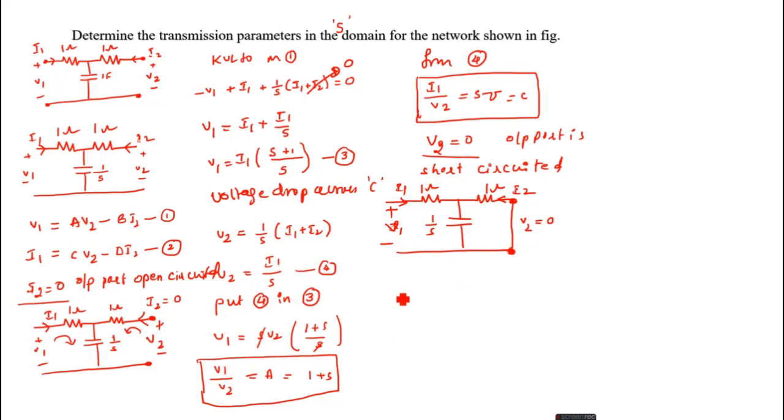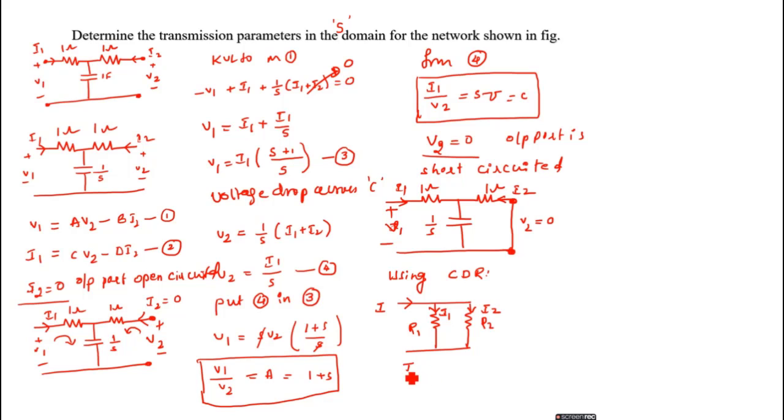Now using the current division rule. What is that current division rule? I will draw here. It is R1, it is R2, it is total current I, here it is current I1 through R1 resistance, I2 through R2 resistance.